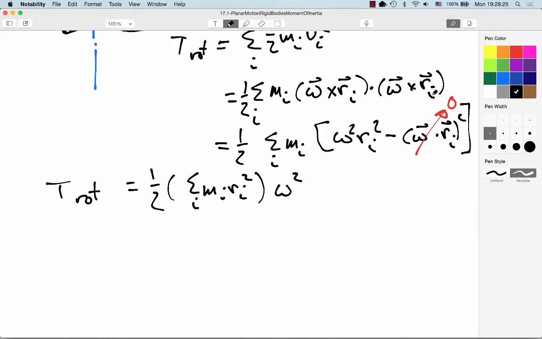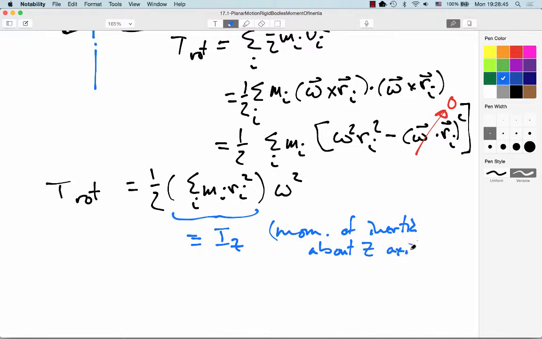And as before, we can look at this much of it right here, and we will define that as the moment of inertia about the z-axis. Okay, so with that change of notation, we can say that T rot is equal to 1/2 Iz omega squared.